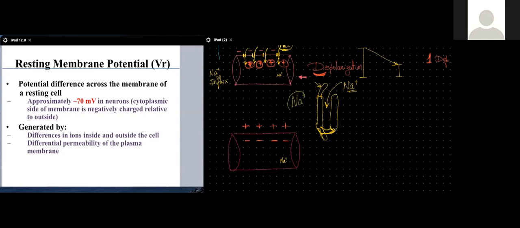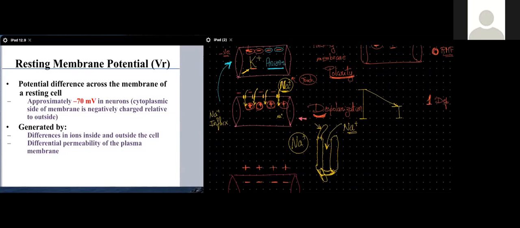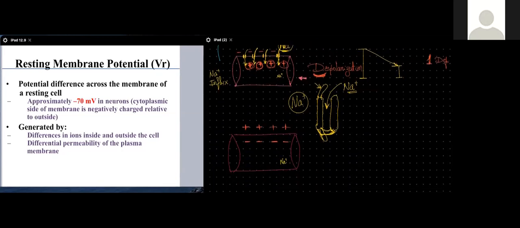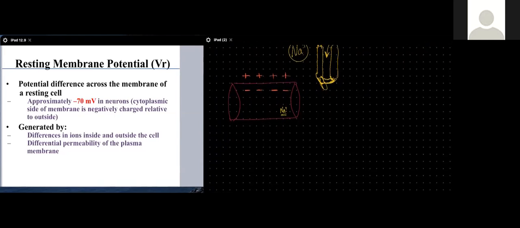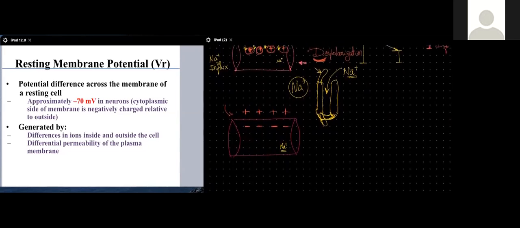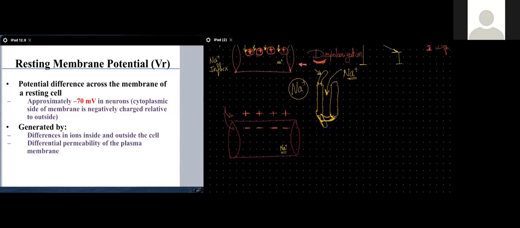Some of it passed to the inside of my cell when I opened those channels. So if you want to go back to the resting membrane polarity, I need to get back to the negative 70 millivolts.